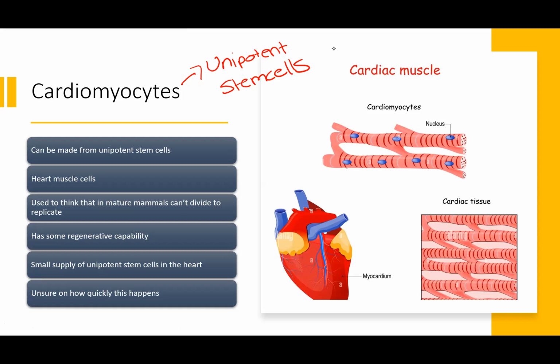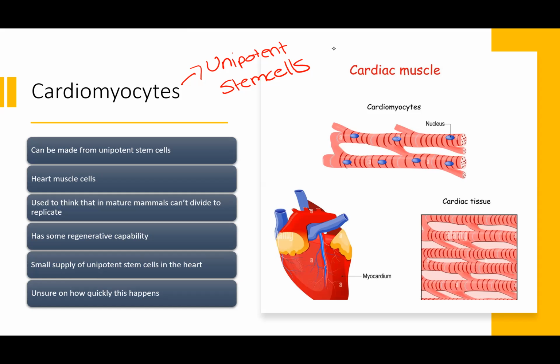In mature mammals, it was originally thought that they can't divide at all to replicate themselves. That's where we are. So we can't regenerate heart muscle. So for a long time, because we think that these heart cells can't divide to replicate themselves, going through processes like mitosis, for example, we thought that we weren't able to regenerate our own heart cells at all.